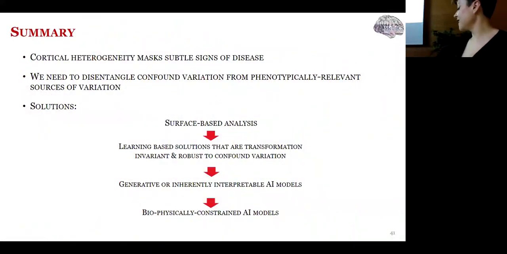So that's it, basically. My pitch for improving the precision of cortical neuroimaging for biomarkers and precision medicine would be the following steps.